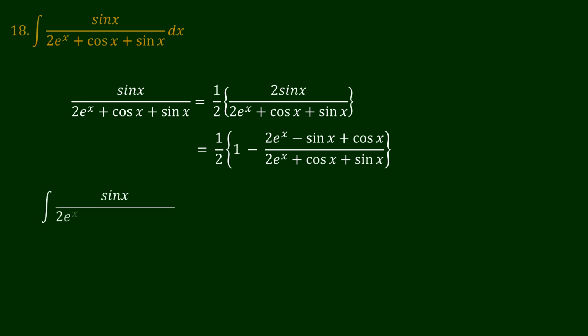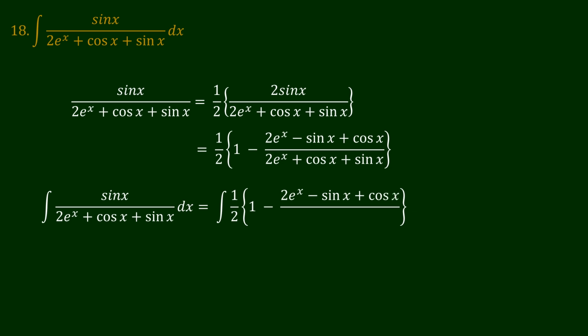Now, it means that if we integrate this new expression, the first term here can be integrated as x, and the second term here can be integrated as log of the denominator, natural logarithm of the denominator.